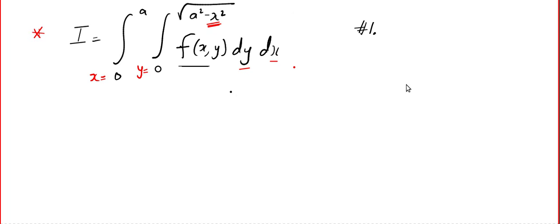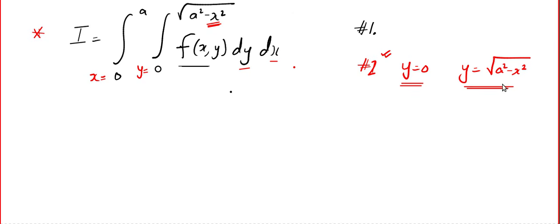Now what we do is, we are going to write the limits one by one. So I am going to write y is equal to 0, y is equal to root under a square minus x square. Now remember, these are the most important limits that will give us a clear idea about the strips.